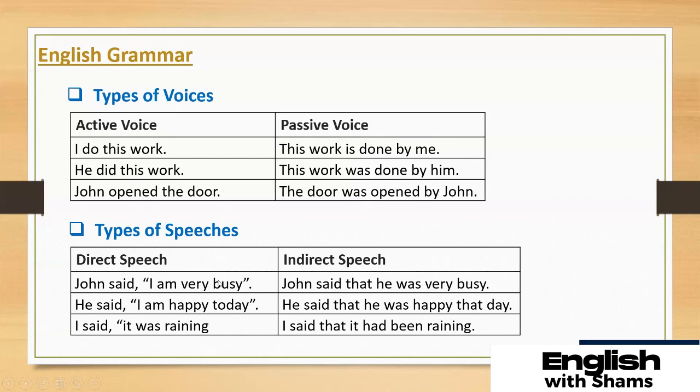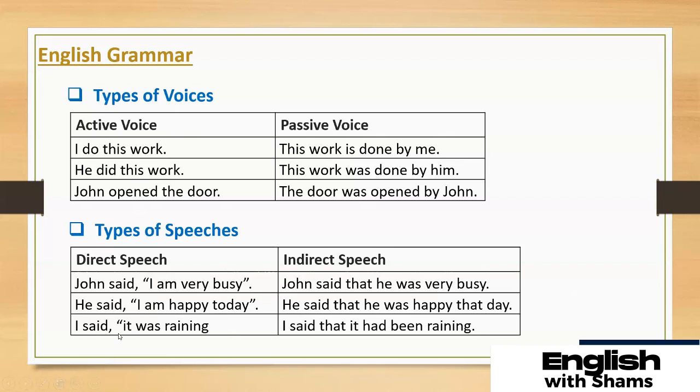If we are using the same words, whatever is being told by the speaker, then it is called direct speech. Another example: he said, "I'm happy today." Then in indirect speech, he said that he was happy that day.